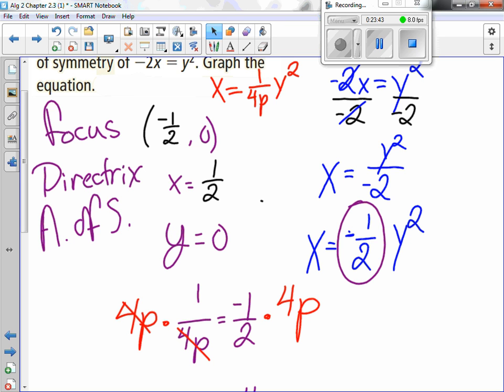So now we've found the directrix, our focus, and the axis of symmetry. We found everything we needed.